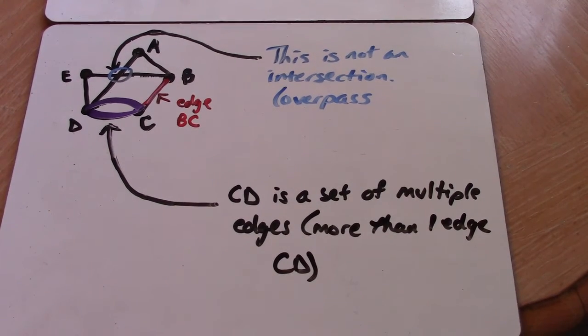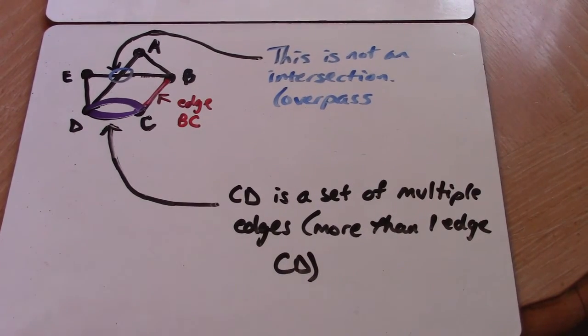There are in fact two here. So if I ask you to identify a set of multiple edges, that's what I'm talking about, a set of edges that connects two vertices more than one time. So there we have two different edges that we could name CD. That would make CD a set of multiple edges.